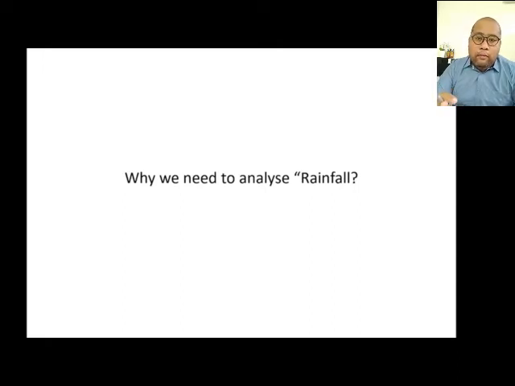So rainfall is very crucial when we want to analyze anything related to hydrological response. Hydrological response is like when you want to study floods, water inflow, water supply, etc. That's the reason why we need to analyze rainfall.